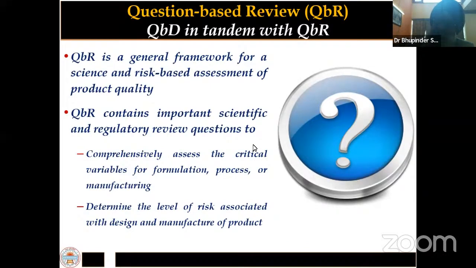Earlier, people used to be very casual and very lackadaisical in their approach. With QbD in place, question-based review has generated a lot of fruition, a lot of success in product development. Earlier people didn't understand much.